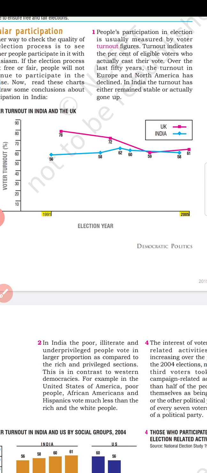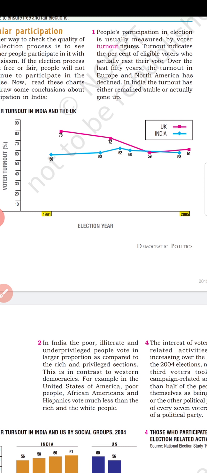So first let us understand the meaning of turnout. Suppose in a particular constituency A, the number of eligible voters are 100, and on the day of polling 65 voters came out and they cast their vote, means the total turnout of that constituency was 65%.